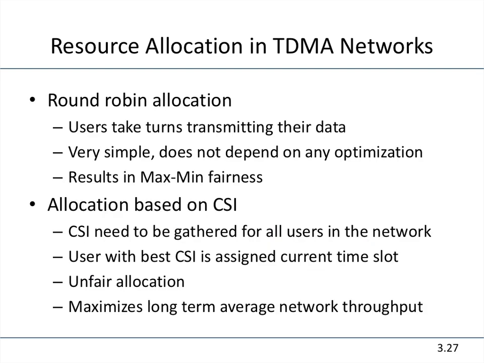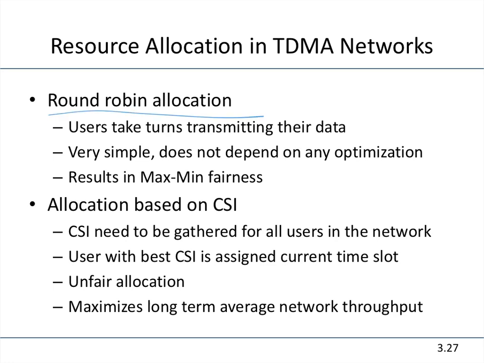So for TDMA, if I want to allocate the time slots to different users in such a way that it's absolutely fair, right? Which means one time slot to a user, then 1, 1, 1, 1, 1, and then I recycle 1, 1, 1. This is called a round robin, which means that we take turns.